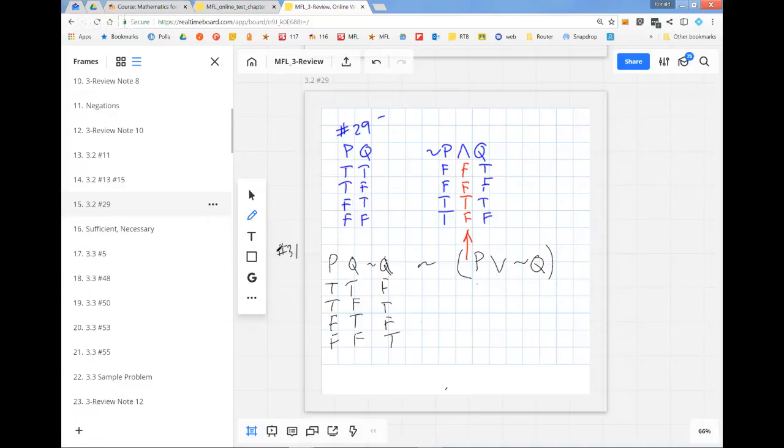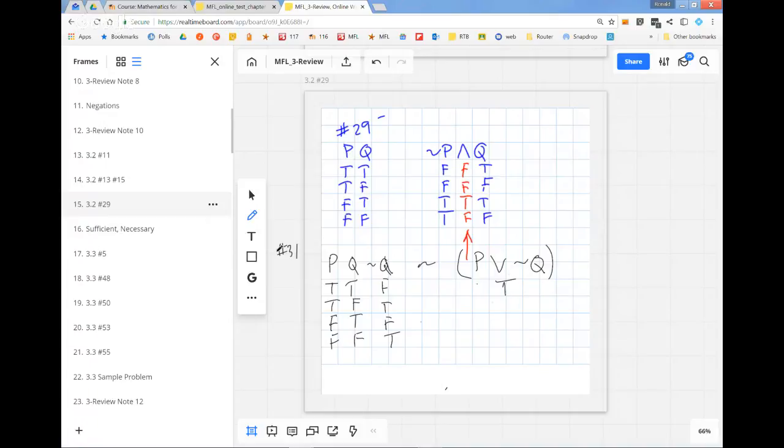P or not Q. Now, or is what? False, only if both are false. Yep. So here we have true or false. One is true, the other one's false. And as you well know, that's a true.